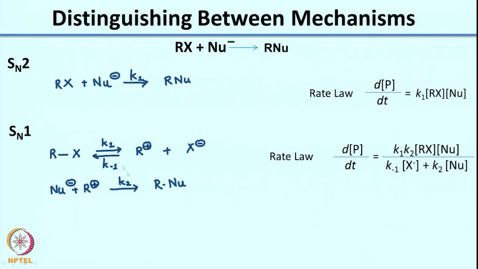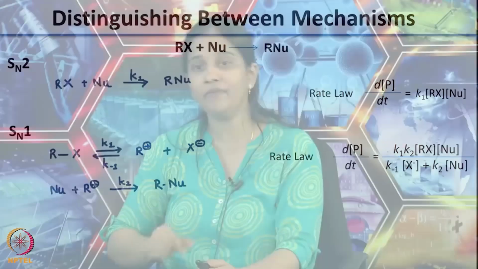So you have K minus 1, where you have R plus and X minus recombining, and K2, where you have R plus actually going to the product. So those will come in the denominator. This is similar to the generic example we had done earlier with P1 and P2. So in the denominator now you have both the concentration of X minus and the nucleophile.